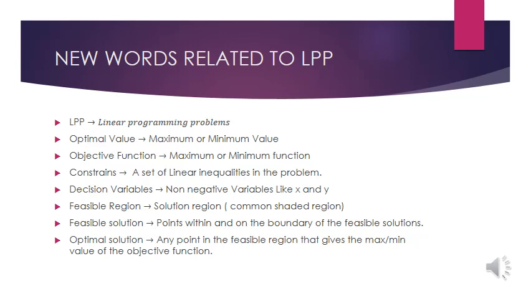The maximum profit or minimum cost are the optimal values, and the equations of profit or cost in terms of x and y is known as objective function.